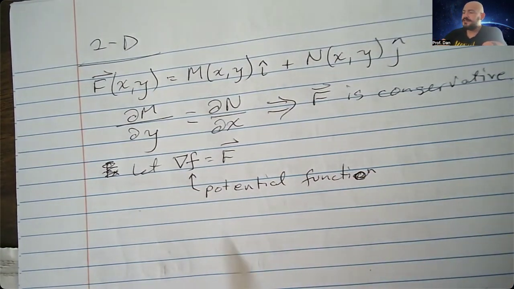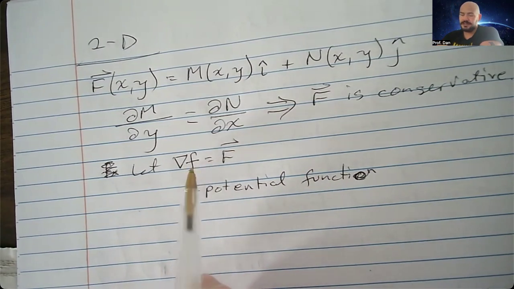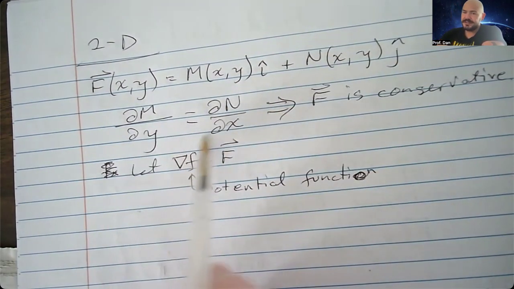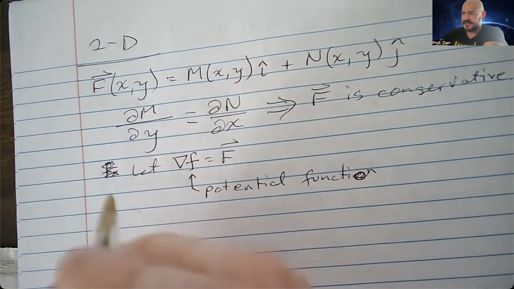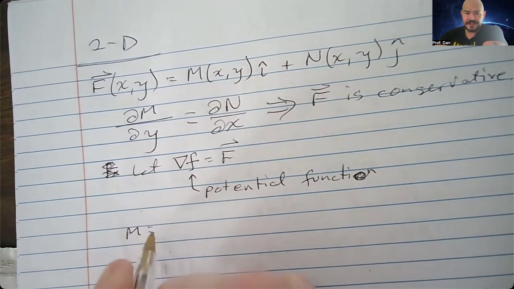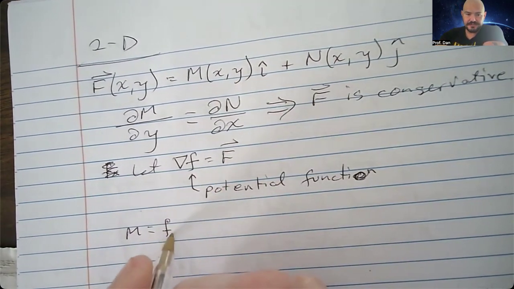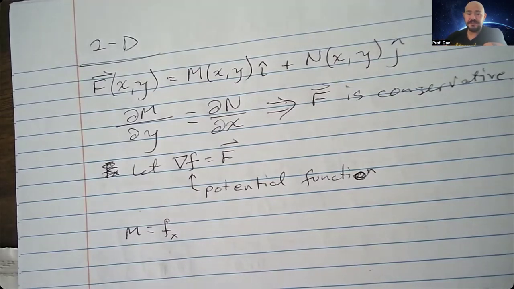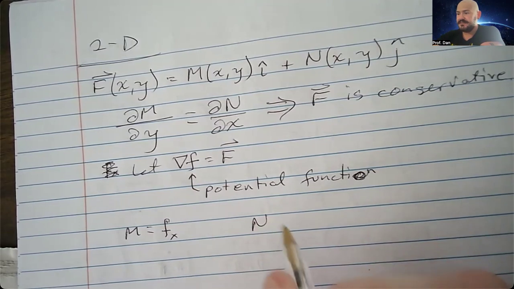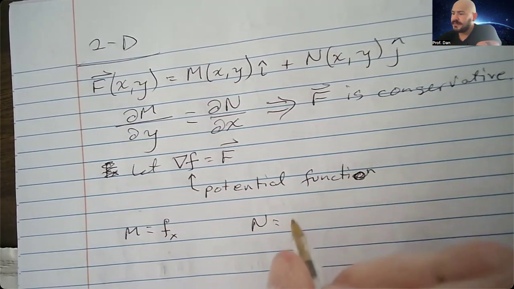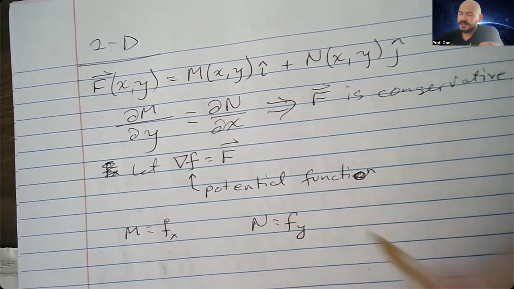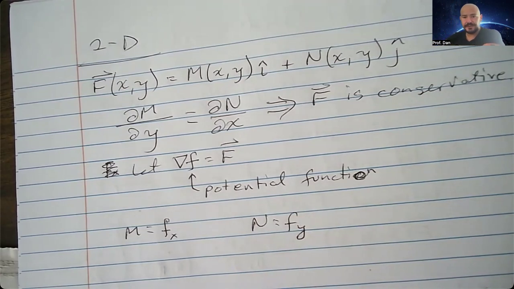All right, so what this notation tells me is that m is the first partial derivative of little f with respect to x, and that n is the partial derivative of little f with respect to y.